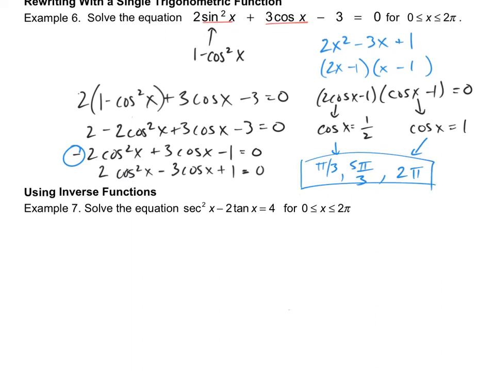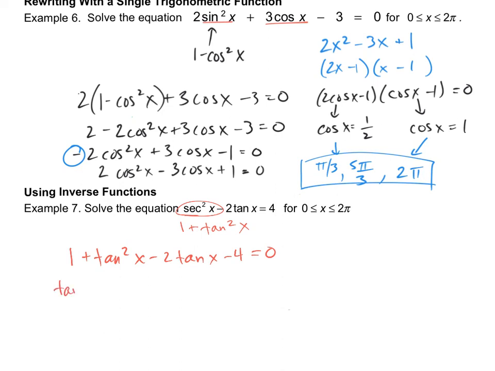We're going to start our next and last example with a similar strategy. We're going to replace secant squared x with 1 plus tangent squared x. And so I can rewrite this as 1 plus tangent squared x minus 2 tangent of x minus 4 equals 0. I'm going to rearrange all of that.